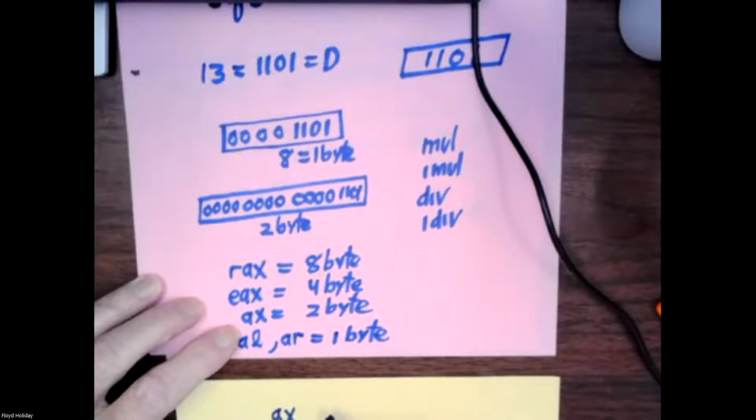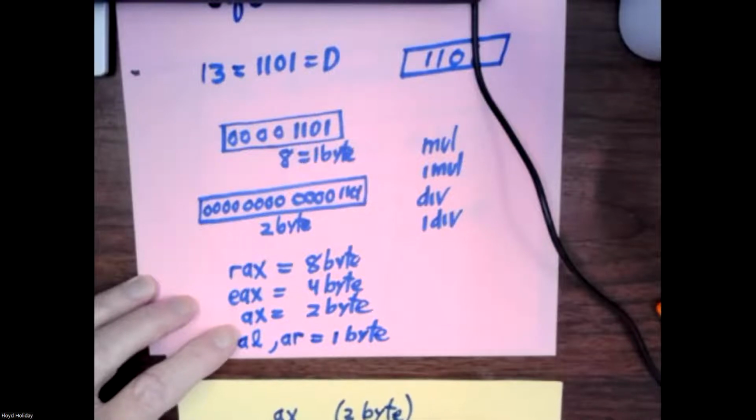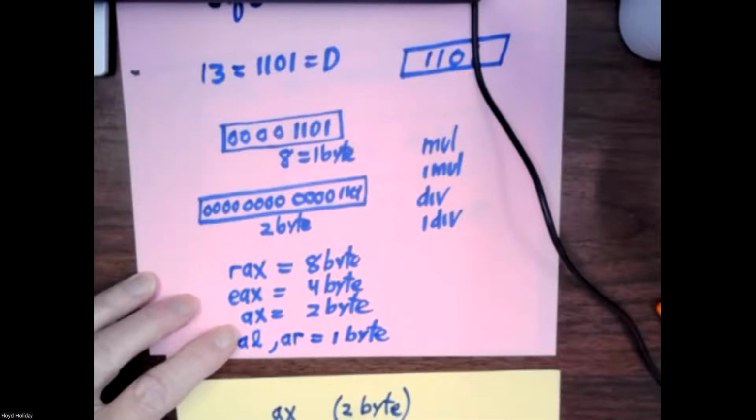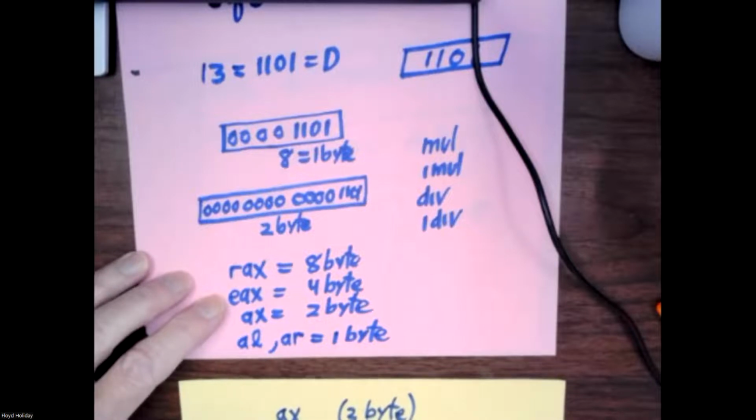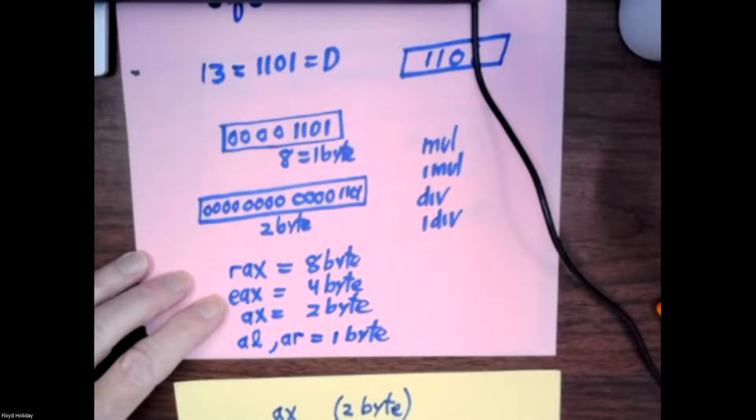It doesn't matter what it is, and this is a 2 byte number. But for whatever reason, you need it to be in 4 bytes. That would be EAX. Same numeric value, mathematically, but you need it in a 4 byte register.